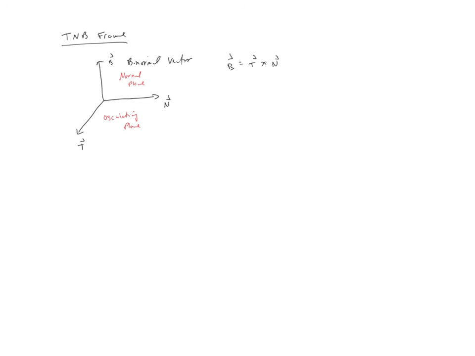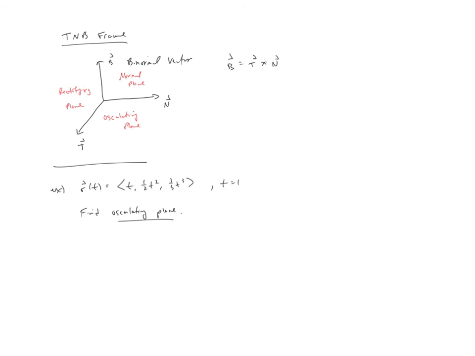And the plane made by the unit tangent and binormal vector would be the rectifying plane. Okay, so we'll take a look at the previous example and then finding the equation of one of these planes as well. But for right now, really all you need to know are the names, and that this new binormal vector here is a result of the cross product between the unit tangent and the unit normal.